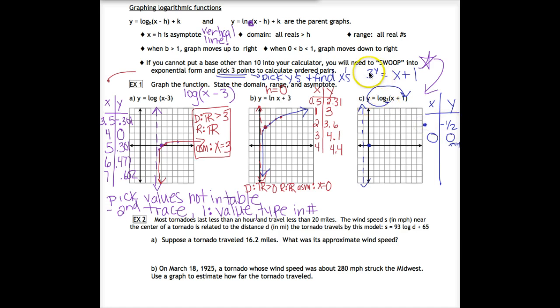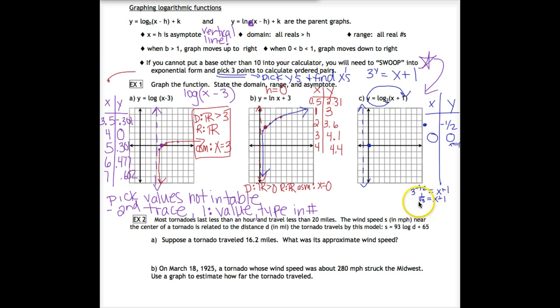So 3 to the negative 1/2, and I'm just writing my work down here, 3 to the negative 1/2 equals x plus 1. So negative 1/2 power means 1 over the square root of 3 equals x plus 1.